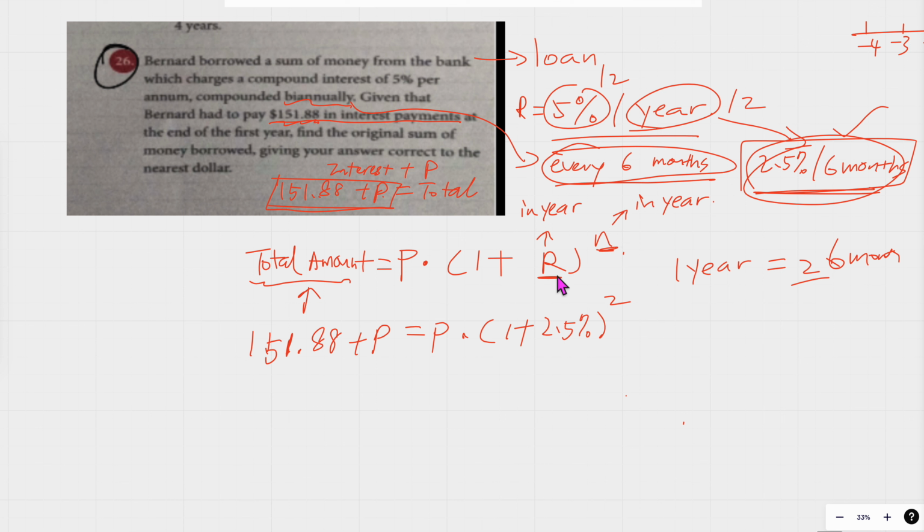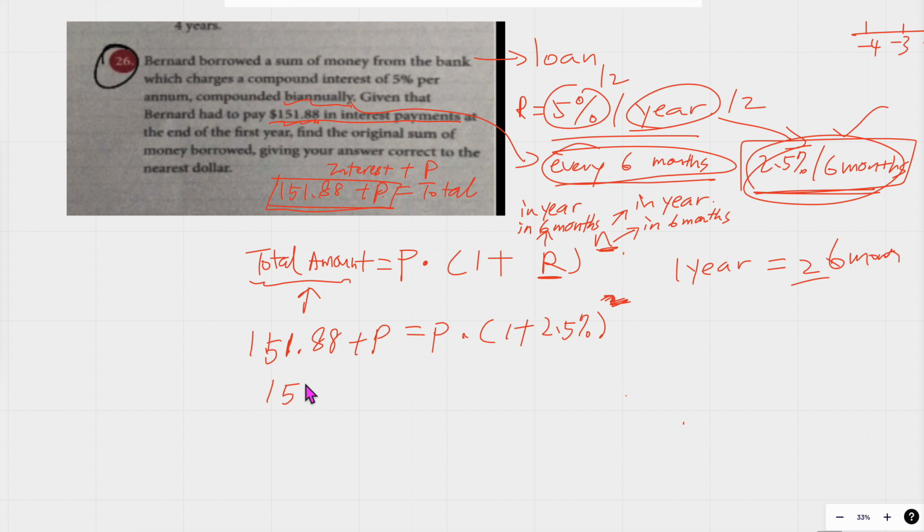Now the rate is in 6 months, so your period also must be in 6 months. Therefore this is 6 months, and this is 2.5% per 6 months. So with this, then you can figure out the P already.